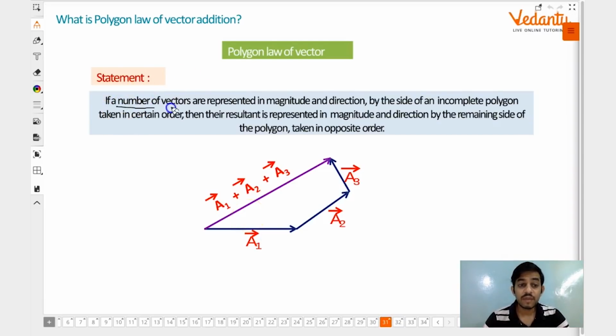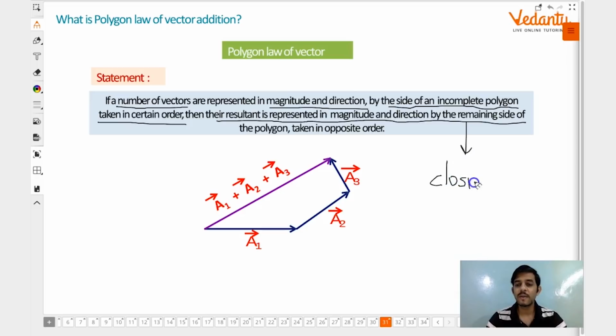इफ अ नंबर ऑफ वेक्टर्स, सी 2 वेक्टर्स की जगह नंबर ऑफ वेक्टर्स, बाकी are represented in magnitude and direction by the side of an incomplete polygon taken in certain order, then the resultant is represented in magnitude and direction by the remaining side, or also called as closing side of the polygon taken in opposite order.